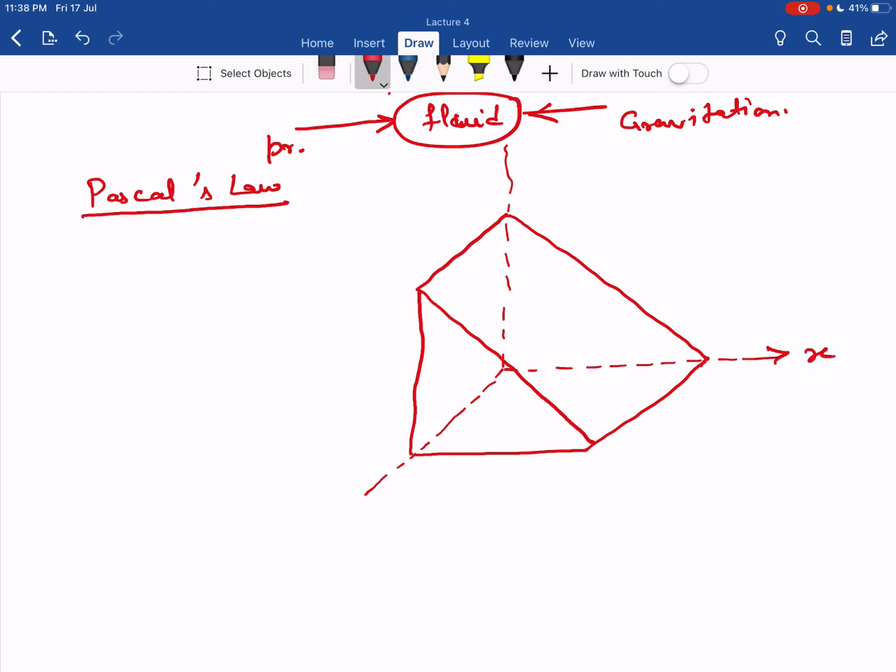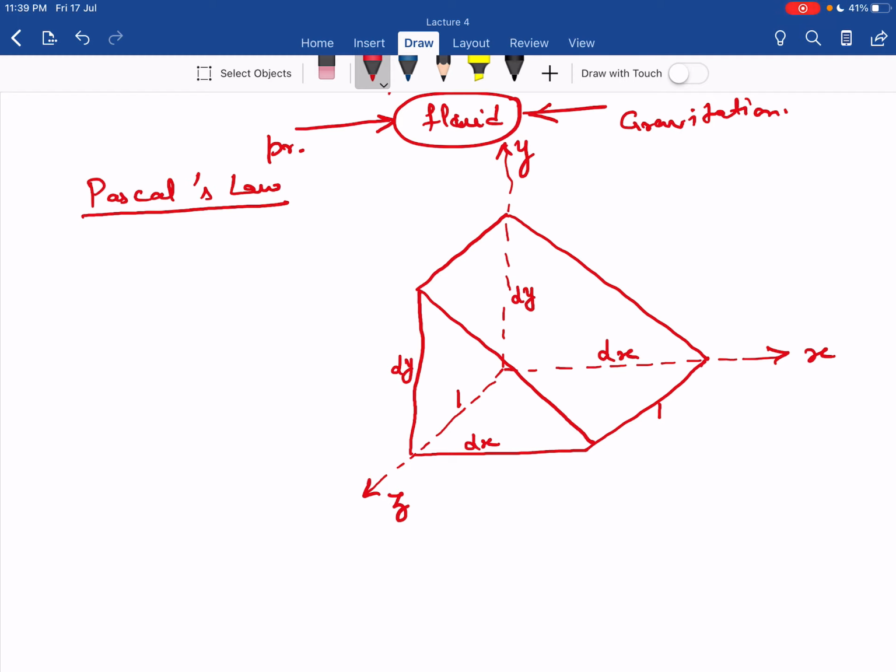This is direction X, this is direction Y, and this is direction Z. Now say this wedge-shaped element has dimension dx along the x-axis. Similarly, this dimension is also dx, dy along the y-axis, and unity along the z direction.